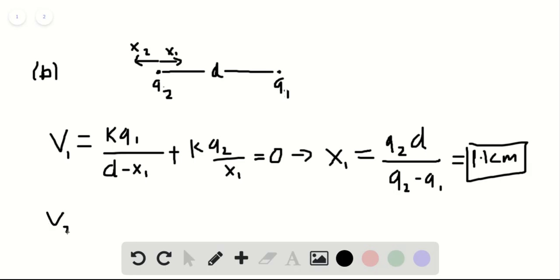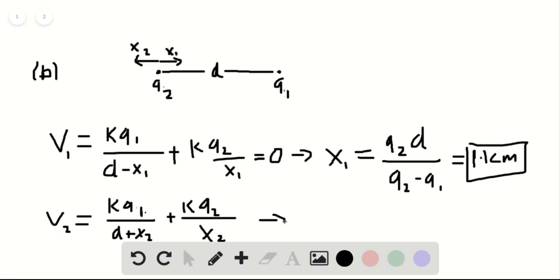Then for V2, we're going to do the same thing except for location 2. So this is going to be K Q1 divided by the distance d plus x2 this time, right? Since it's to the left, minus a negative is a plus. Oh, there's a typo here. This is Q1, right? Because we're considering the first value, distance from Q1. And then for Q2, it's going to be divided by just x2.